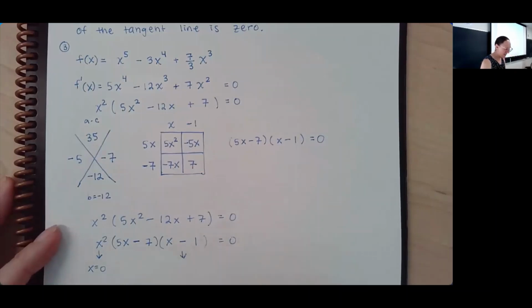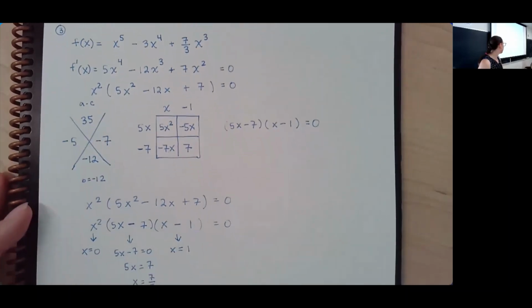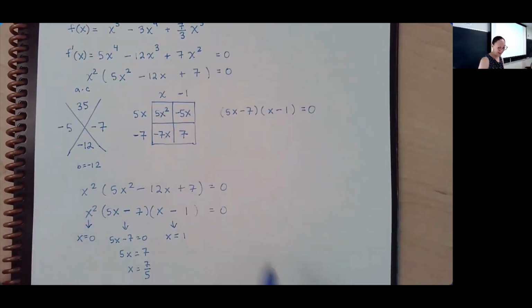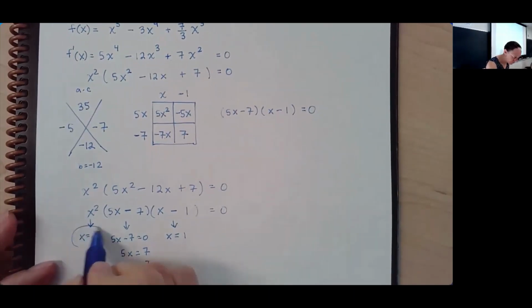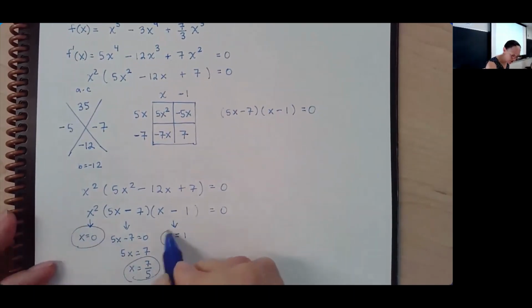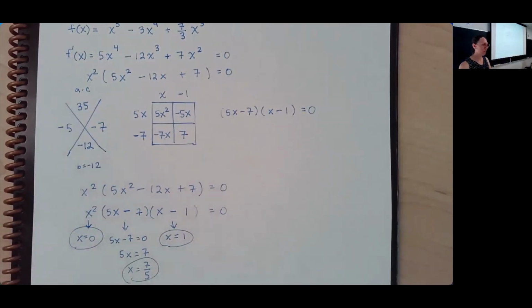And the value of x that makes x minus 1 0 is if x is equal to 1. And this one, it's okay if you don't want to do it in your head. You can write out 5x minus 7. If I set that equal to 0, 5x is equal to 7 and x is equal to 7/5. So those are my 3 x values where the slope of the tangent line would be equal to 0.